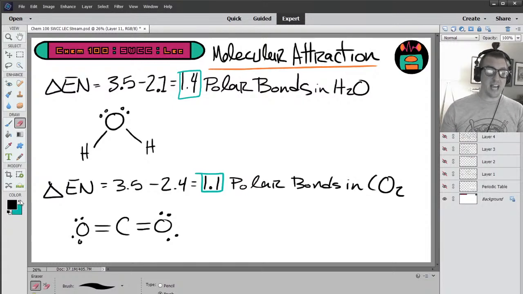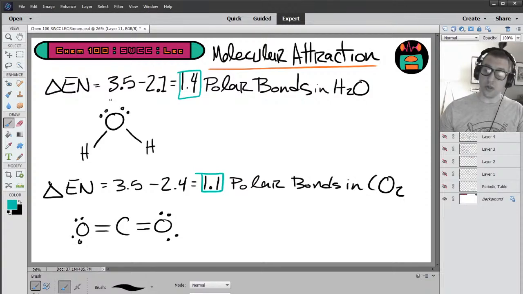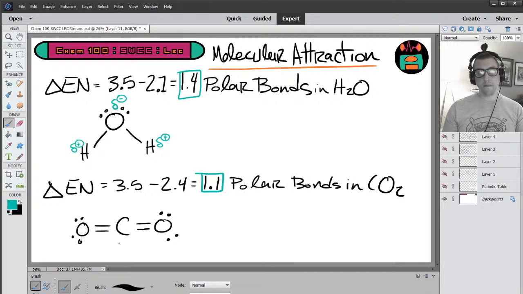All right, that creates, totally, and great question, by the way. That creates, so for water, oxygen's more electronegative, so it creates a partial minus on oxygen and a partial positive on each hydrogen. For CO2, oxygen's more electronegative, so carbon gets a partial positive and oxygen, I'm actually going to do this in a different color.